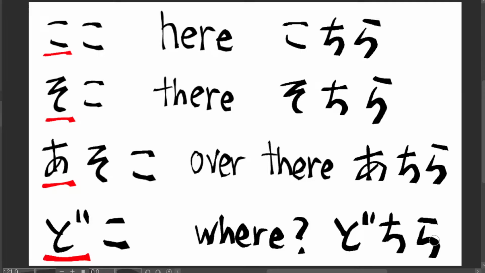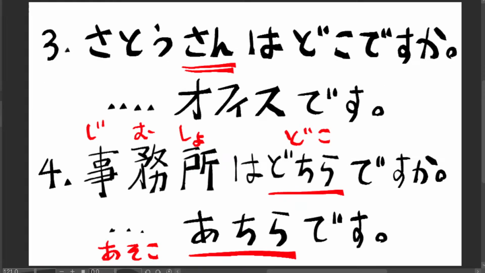When you are with someone you just met, or a customer, you have to use a higher politeness level. So こちら、そちら、あちら、どちら are used mostly with customers. So 事務所はどちらですか？ あちらです。 Where is the office? It's over there. Next, let's go to number 5.